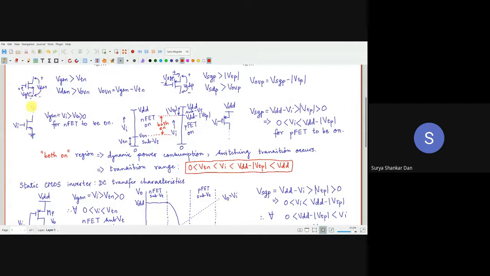In case of an NMOSFET, we will usually connect the source terminal to the lowest possible potential in the circuit, essentially meaning that the source is connected to the ground terminal, whereas in the case of the PMOS, the source is connected to the highest possible potential in the circuit, that is VDD. That was the very basic thing which we discussed in our previous class.